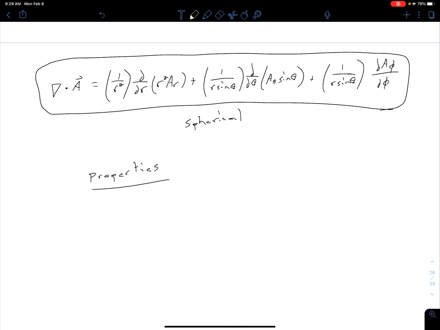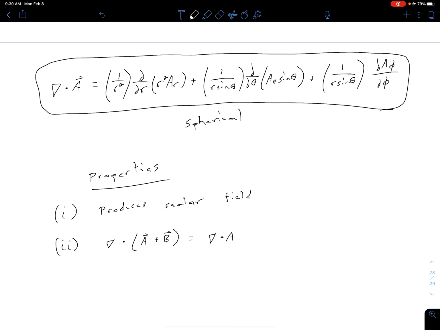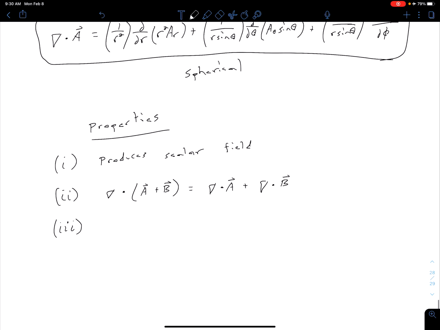So the properties. The first property, as we've said before, is that it produces a scalar field. And that is expected because we are using the dot product. The second property is the divergence of the sum of two vectors: the divergence of A plus B is equal to the divergence of A plus the divergence of B. The third and final property is our product rule.